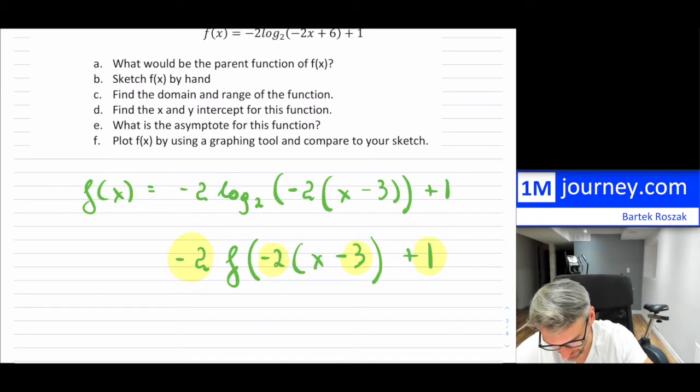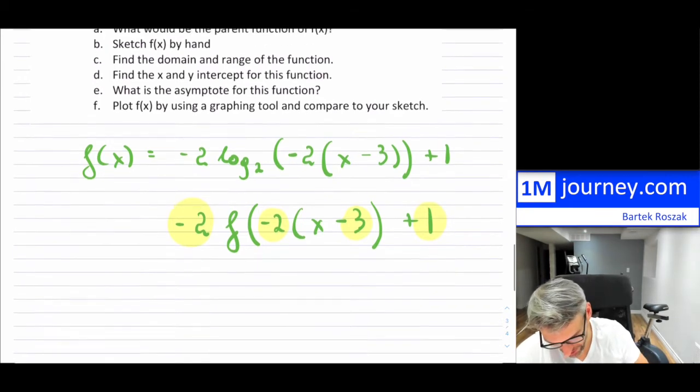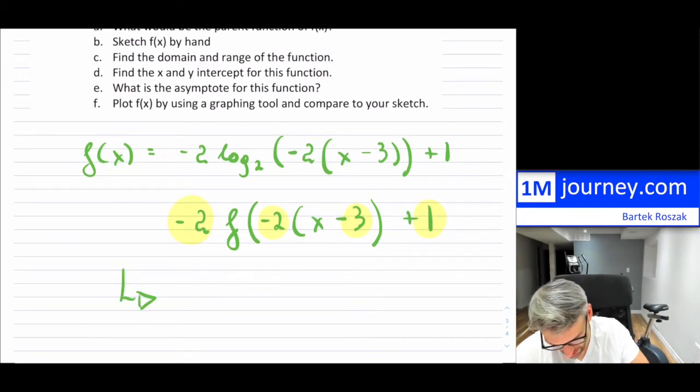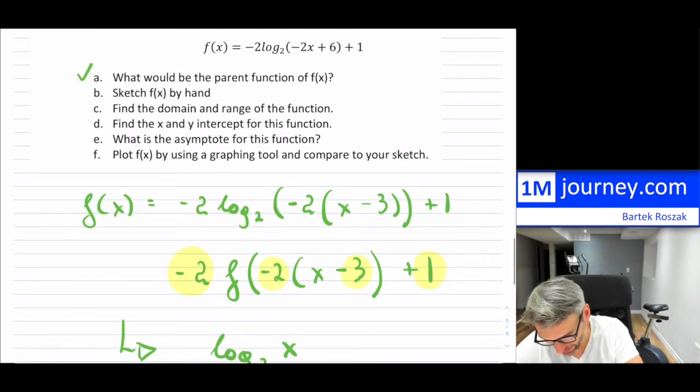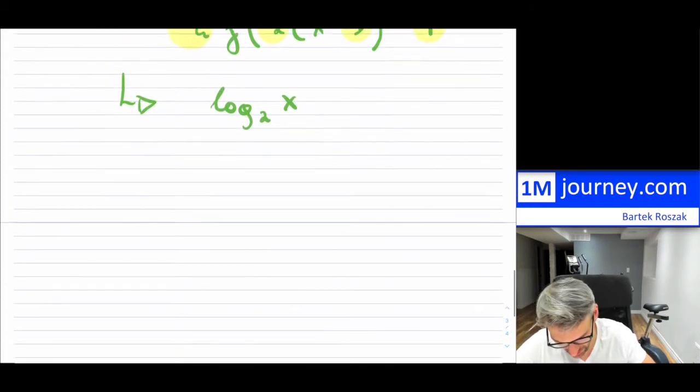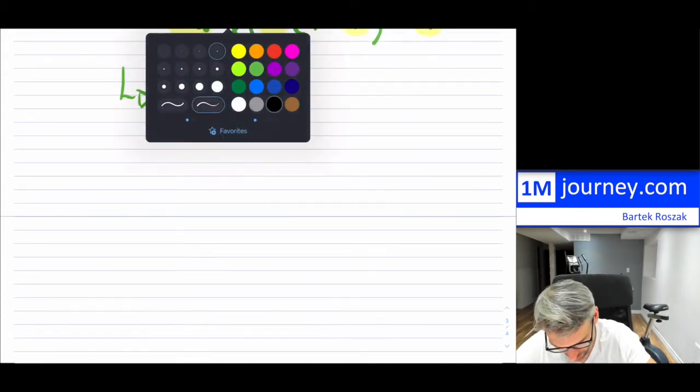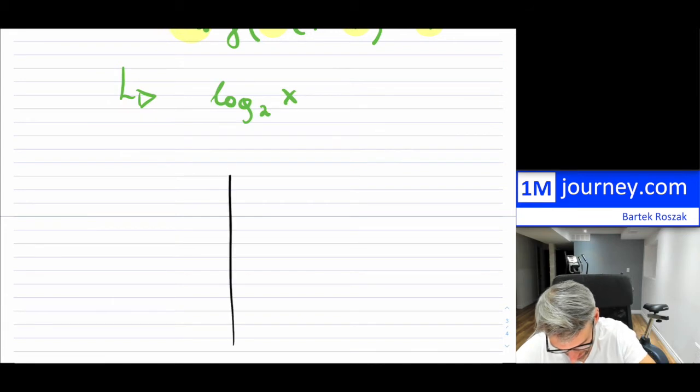So our parent function for this really is just log base 2 of x. So that's our parent function, right? Now, that's part A.